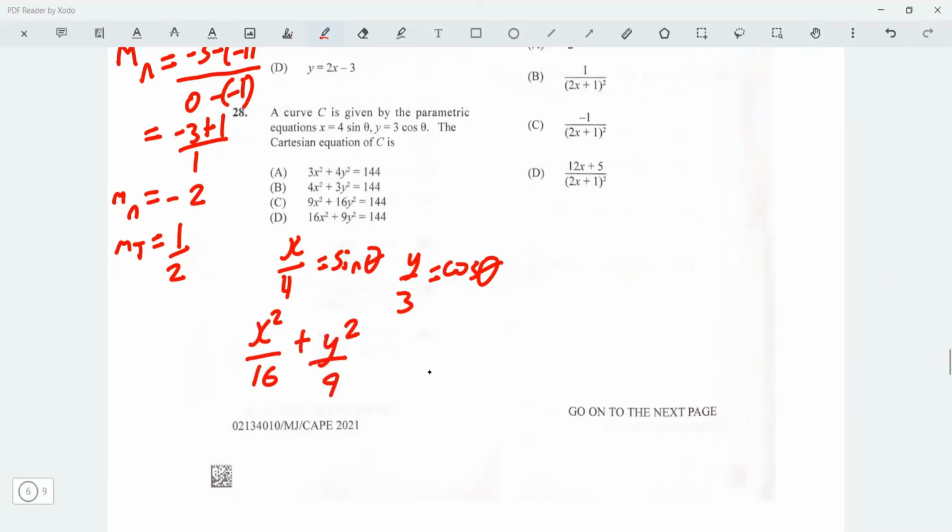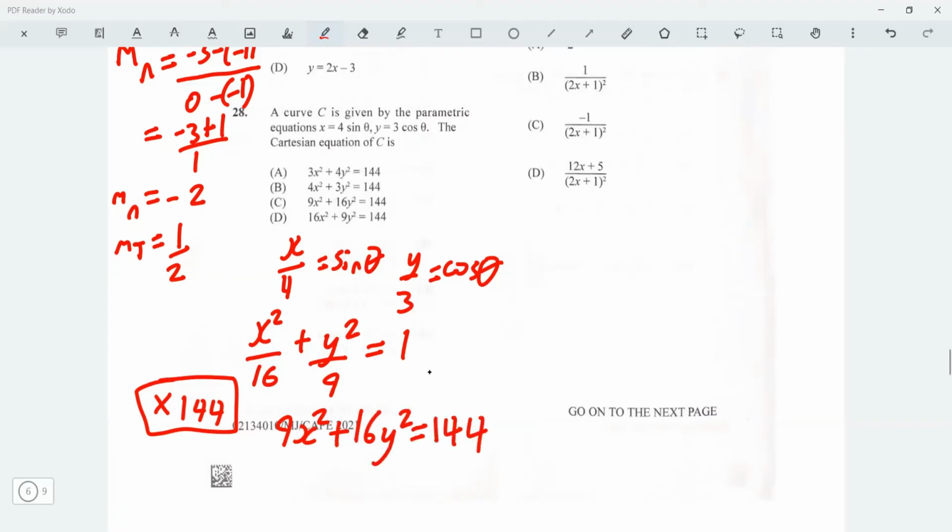And sine squared plus cos squared equal 1. Then multiply through by 144 to end up get 9x squared plus 16y squared equal 144. Option C. Nice.